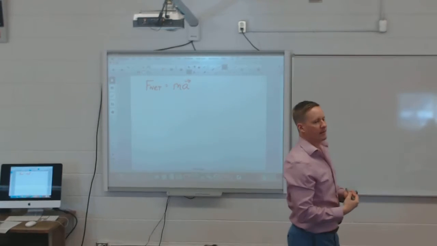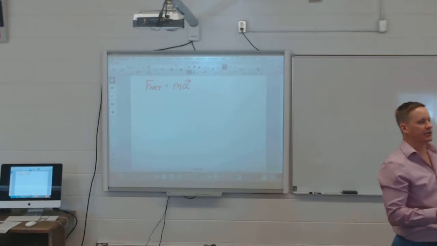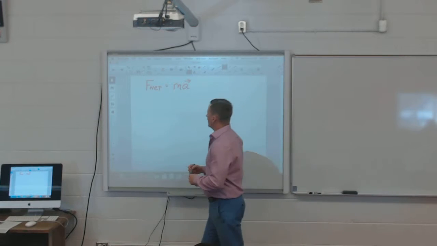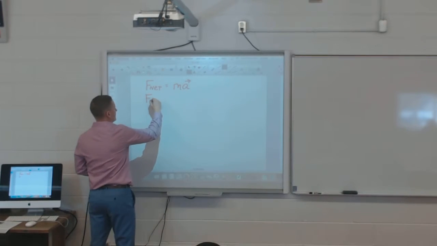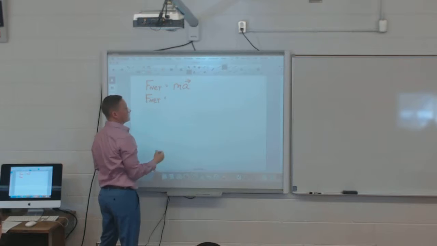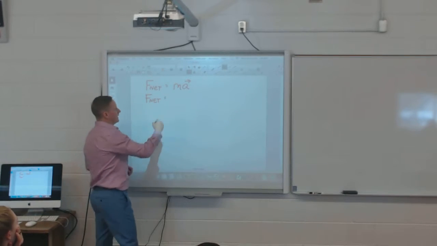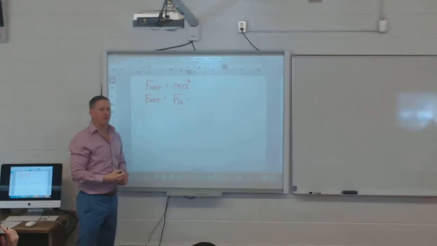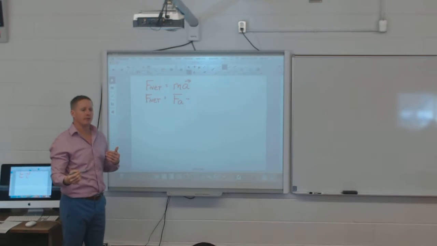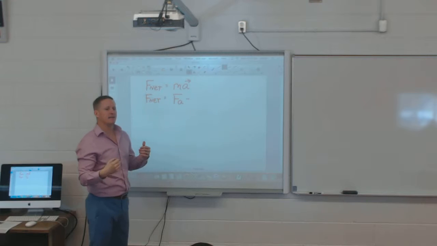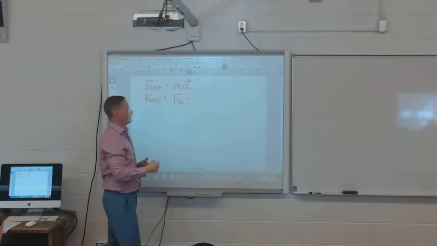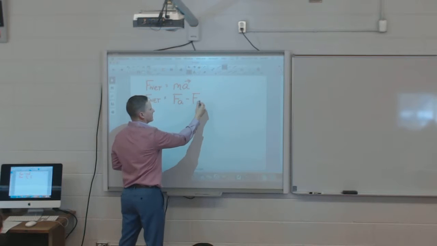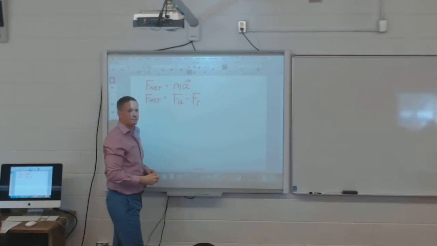So if you know the mass of something and you know its acceleration, you can multiply them and get your net force. The second way to get net force, and we generally put these 2 together in order to solve our questions, is take the force in the direction the object is moving and subtract anything that is holding against it. I'm going to write this for no other reason than that it means resistance.